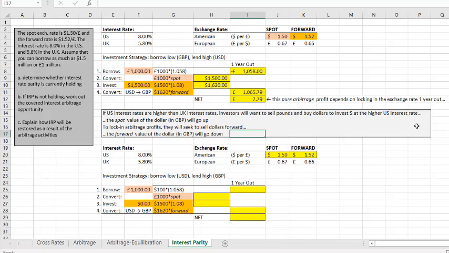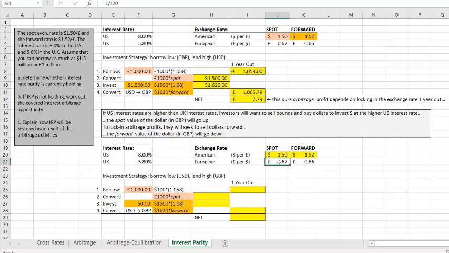You might remember in the lecture I showed the supply and demand curve shifting. I left that out of here because it makes the model pretty complicated. But we can jump to the conclusion. The spot value of the dollar in terms of pounds will go up, because people want more dollars. There's going to be an increase in the demand for dollars, and people are paying for them with pounds. So the value of the dollar in terms of pounds will go up.